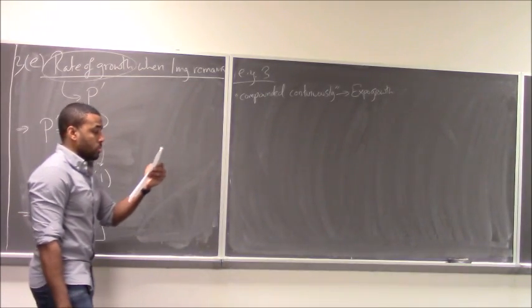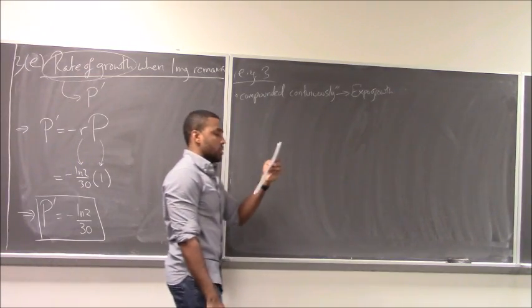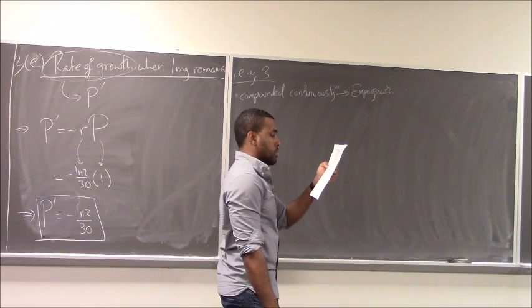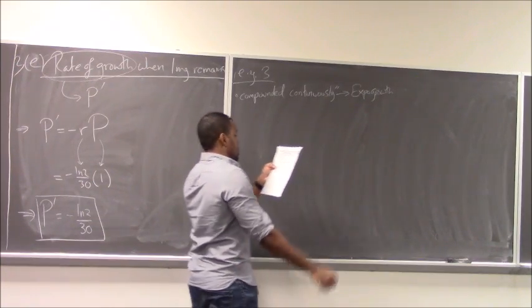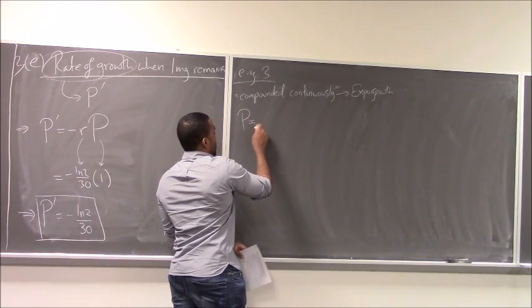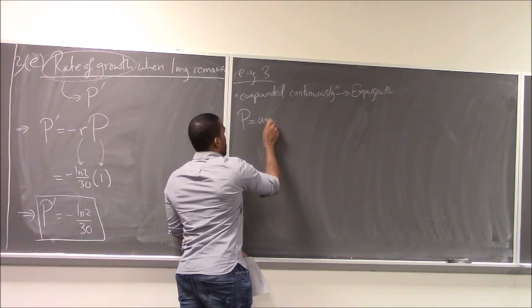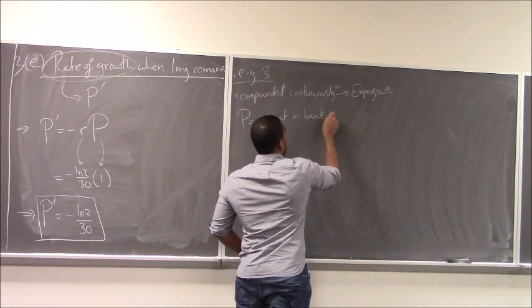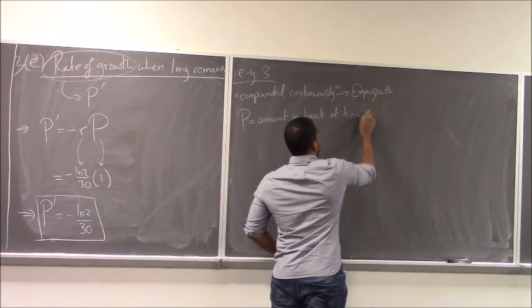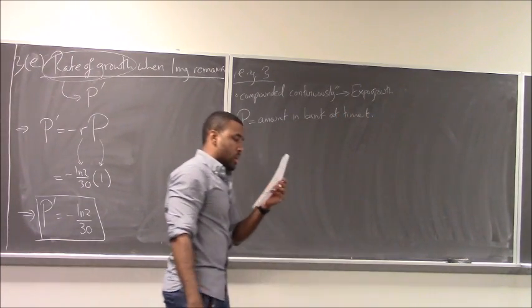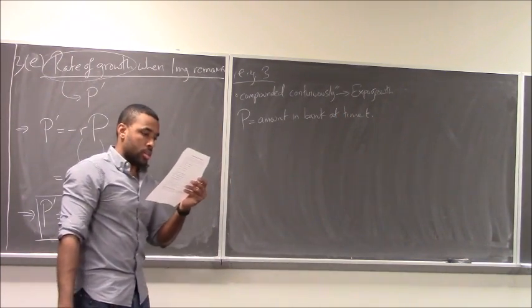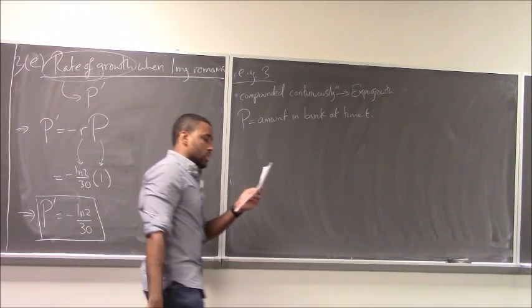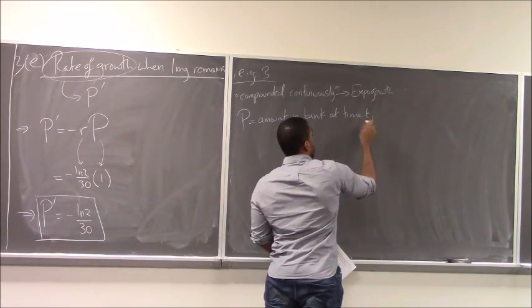Let P be the amount in the bank, or the balance in the bank. The units of time here is years.